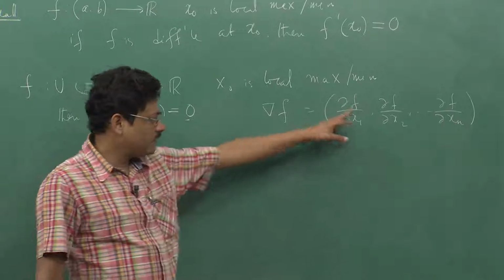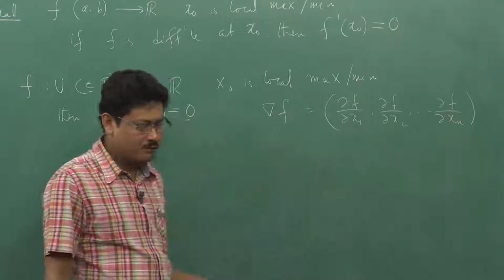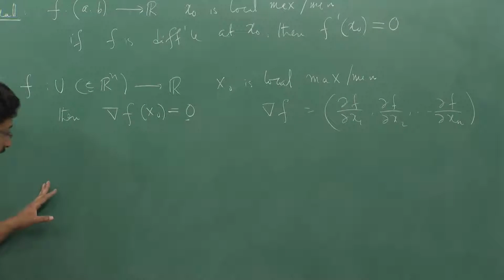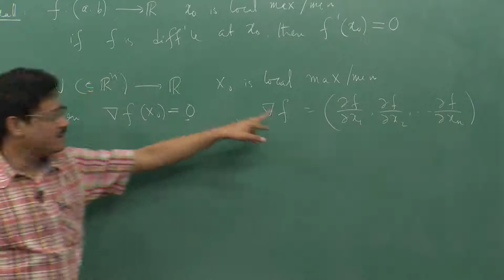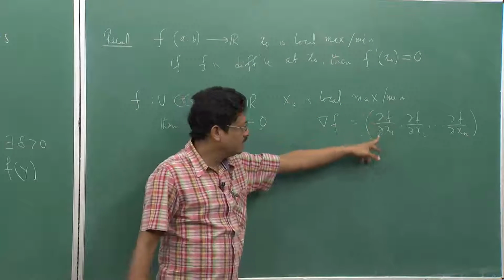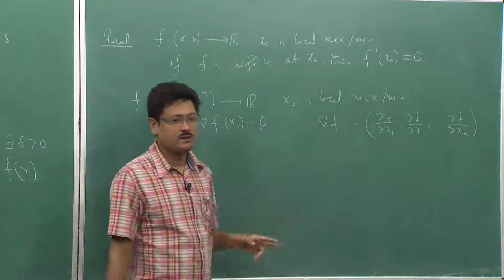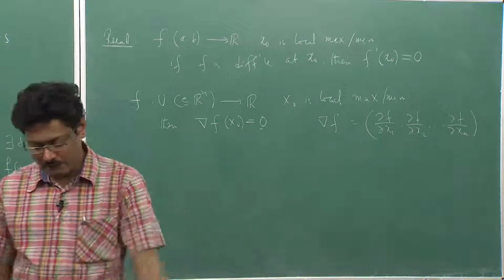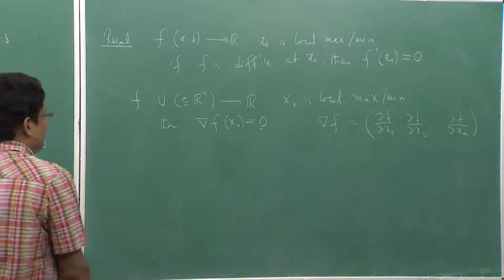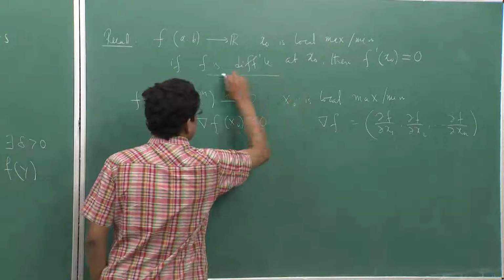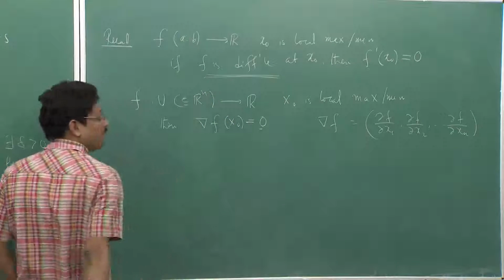That is, all these del f del xi may exist and f may not be differentiable, but even then grad f will be 0. In one variable, if this exists f is automatically differentiable, which does not happen in n variables. So this comes automatically for n equal to 1.